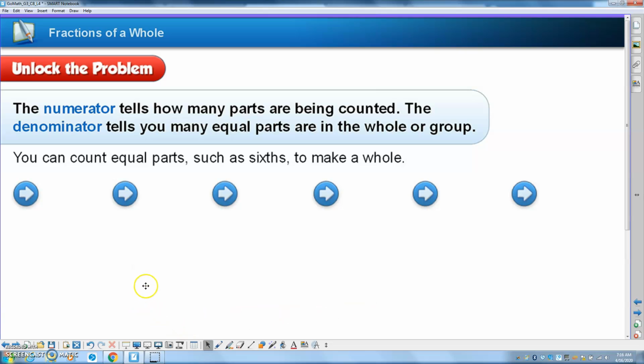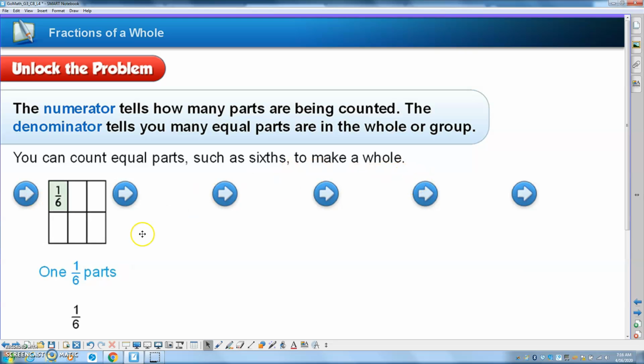So we can count equal parts, such as 6, that we're going to count today, to make a whole. So each part is 1/6. When we talk about each part, we're talking about each 1/6. If we have one of those pieces shaded, then we would have 1/6.